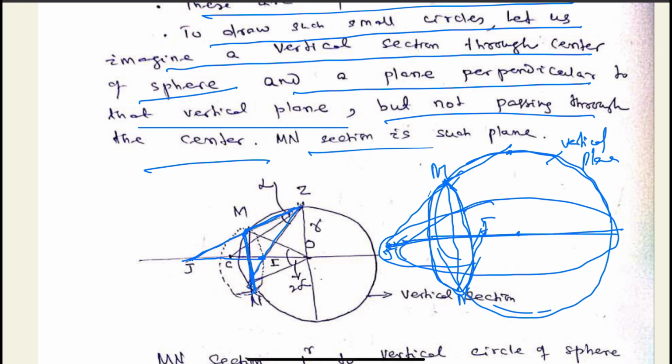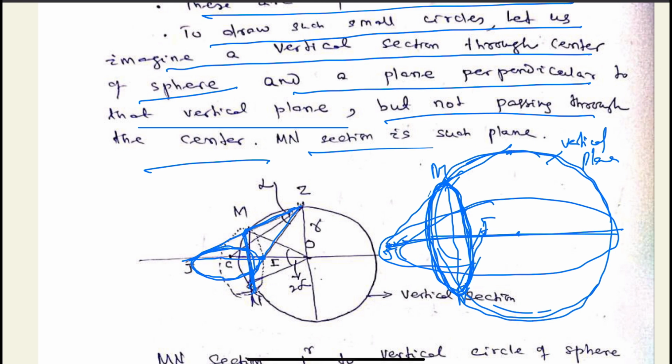So IJ will be the circle that will be projected by this MN cross section into the equatorial plane. So this will be the circle that will result out of this MN section perpendicular to the vertical section.